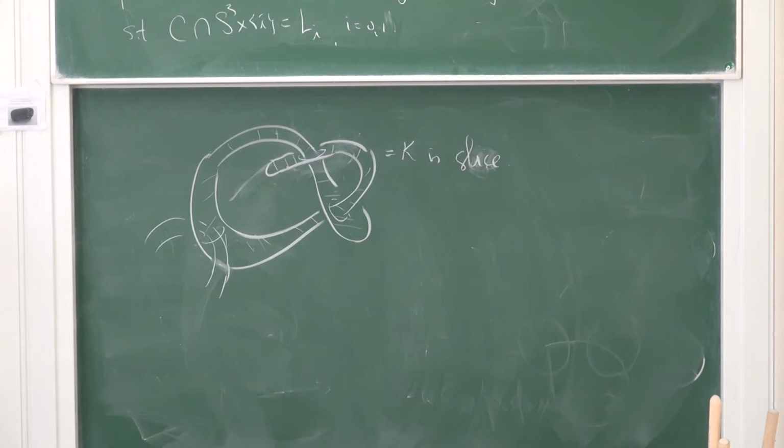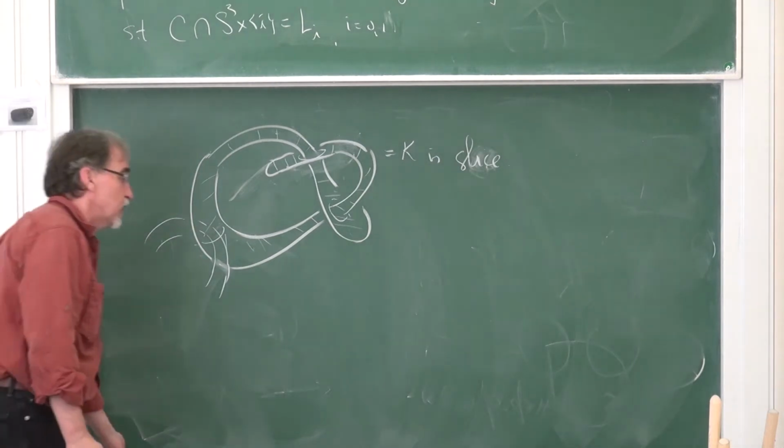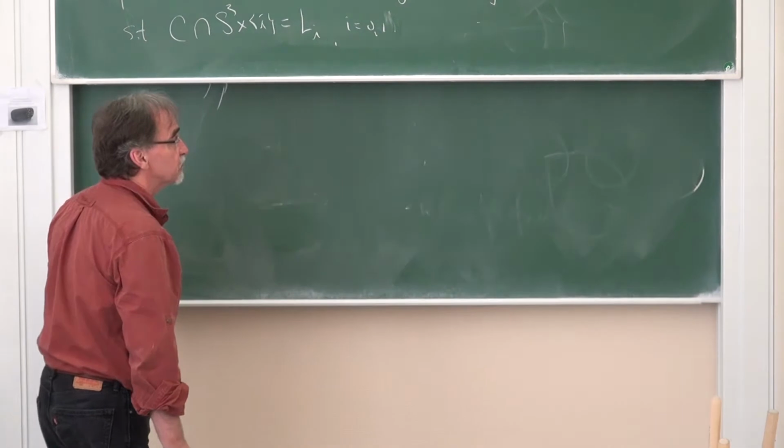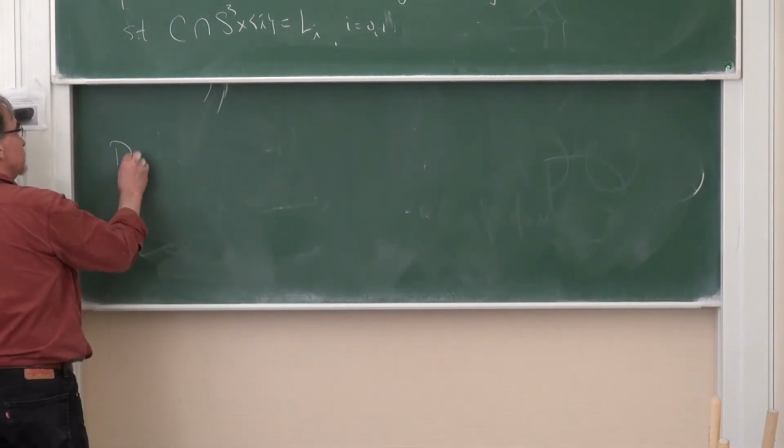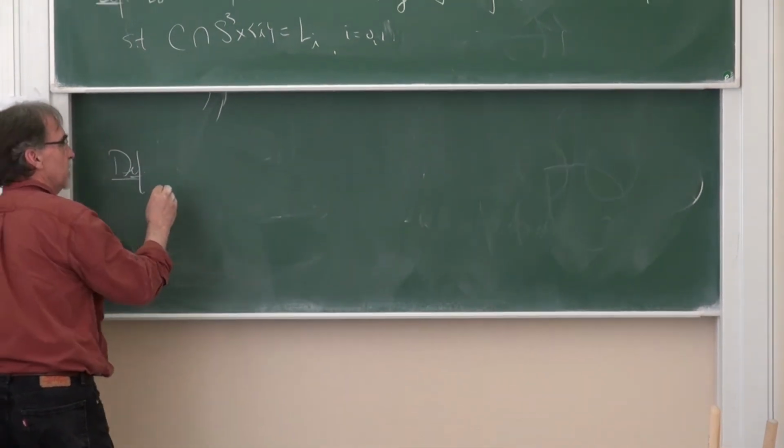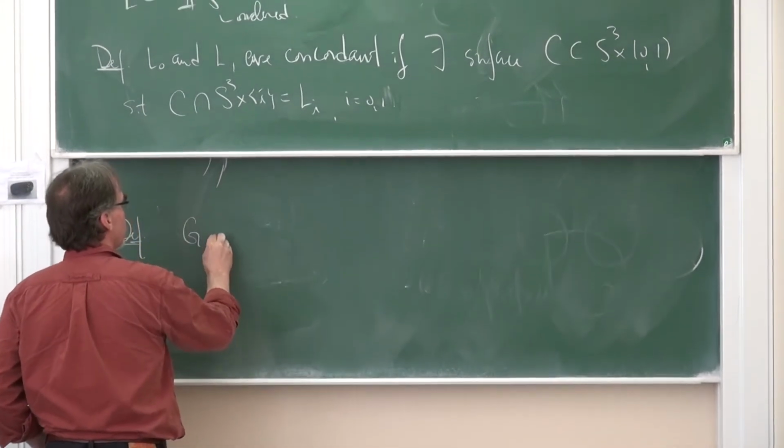Now, I'm going to talk about some old work of Milnor's, and to do so, I'm going to need to talk about the lower central series of a group. So G a group.